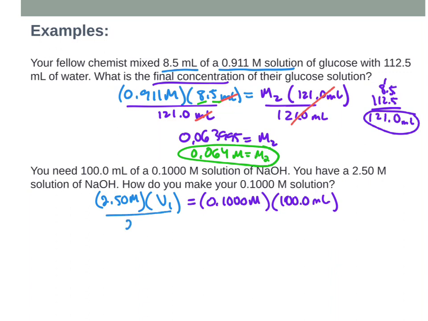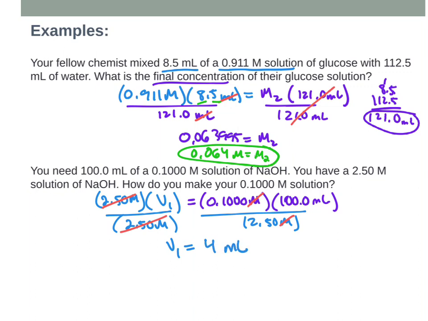So I just do the algebra again. Those cancel, molarities cancel. I'm going to get an answer in milliliters, which makes sense considering that's asking about a volume. And so my V1 here is going to end up being 4 milliliters.